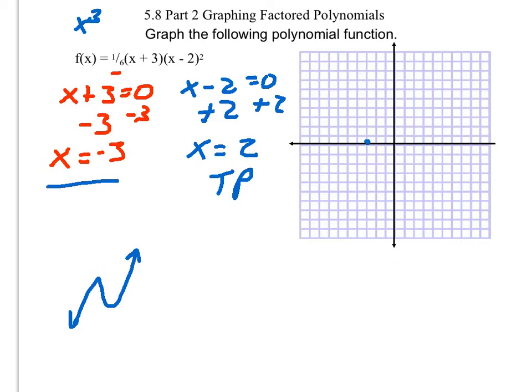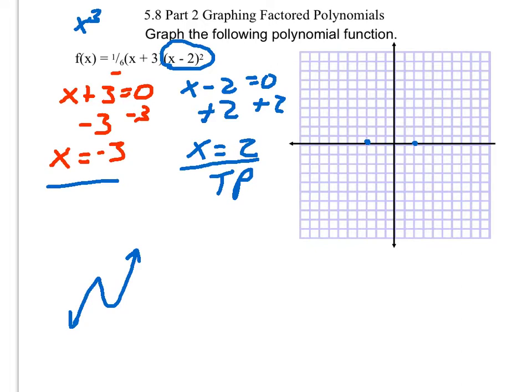Now, like I said, we have this x equals negative 3, so it's going to cross the x-axis at negative 3. We also have this spot where it's going to touch the x-axis at positive 2. And we know that that's going to be one of our turning points right there because, as I said, it's to the second power. So now, we're not going to totally get into all the graphs and plotting all the points.